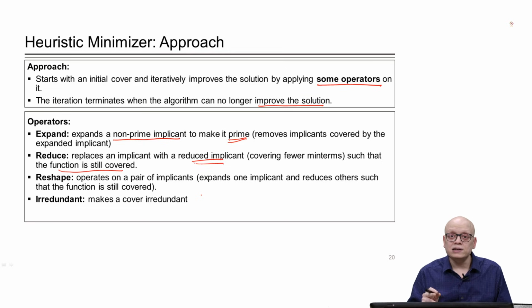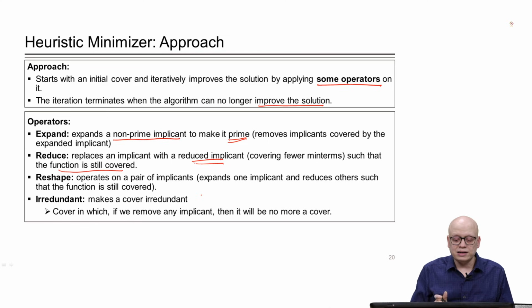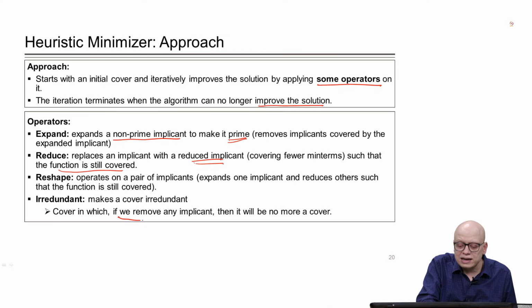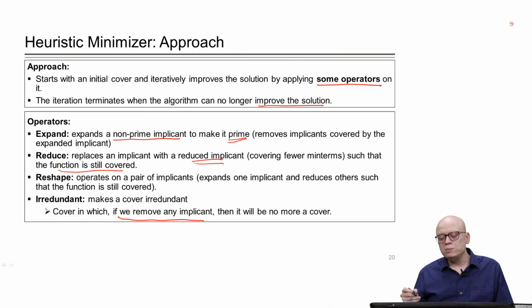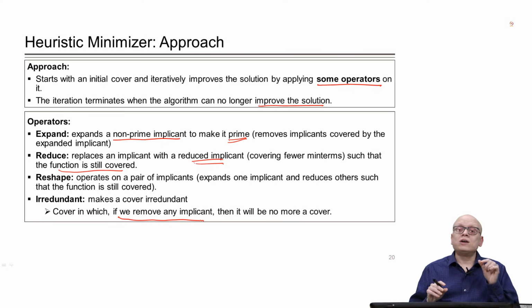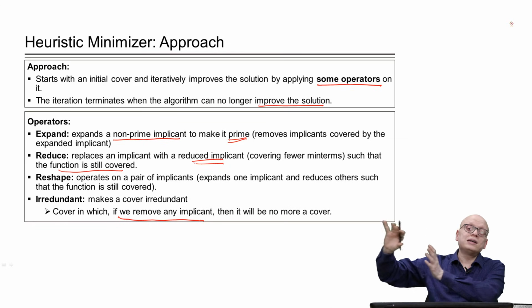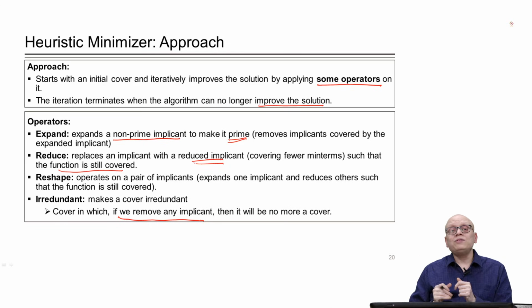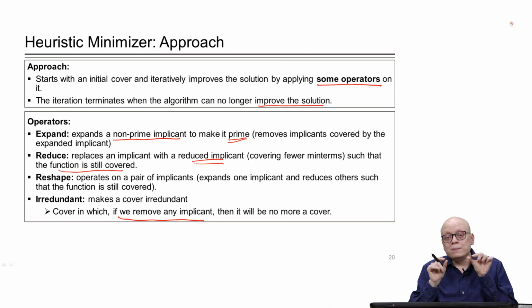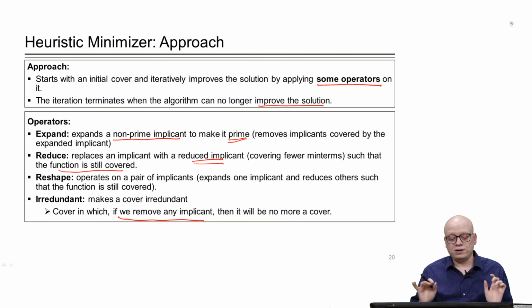And what is an irredundant cover? It is a cover in which if we remove any implicant, then it will no more be a cover. Meaning that if there is an implicant which covers the corners which are covered by a set of other implicants of the cover, then we say that that particular implicant is a redundant implicant and we can remove it, right.